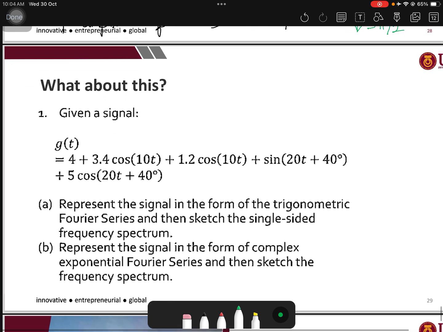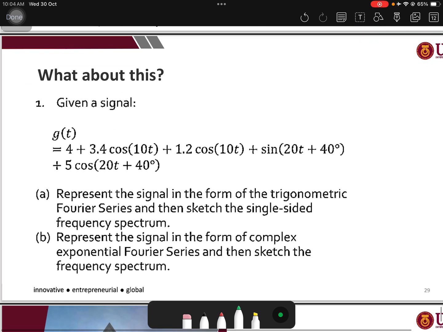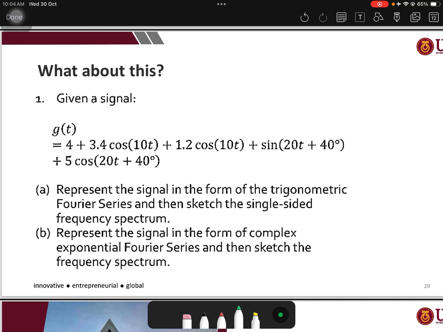At the end, I hope you can do this one. Given g(t) = 4 plus 3.4 cos 10t plus 1.2 cos 10t.